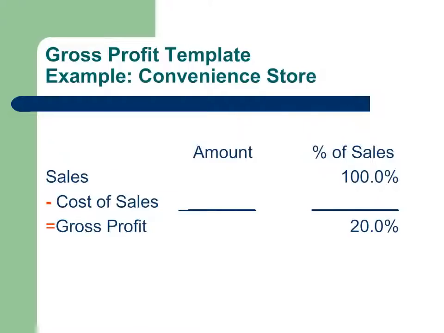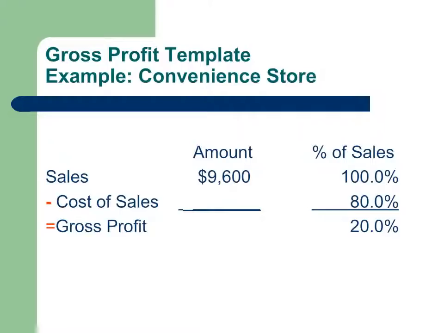Let's look at it another way. A convenience store has an average gross profit margin of 20%. Their total sales for the month equal $9,600. If the gross profit margin is 20%, the cost margin is 80% because the gross profit margin and the cost margin must equal 100%. The gross profit dollar amount is 20% of the sales price.